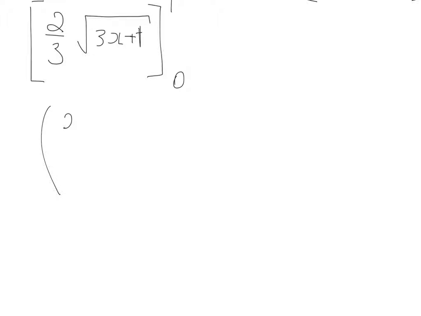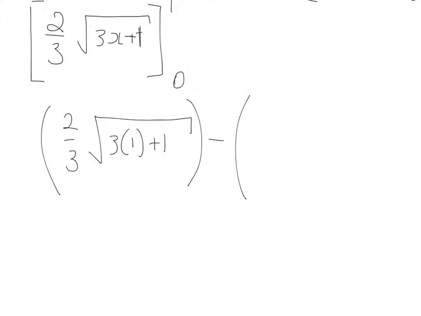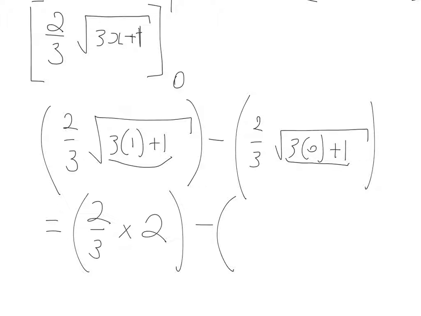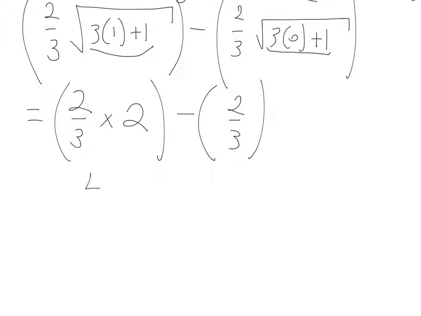So making my substitutions in, it's 2/3 times the square root of (3 times 1 plus 1), close the bracket, minus 2/3 bracket (3 lots of 0 plus 1), close the bracket. 3 times 1 plus 1 is 4, so that's the square root of 4, which is 2, so that's 2/3 times 2, minus 3 times 0 is 0, plus 1 is 1, square root of 1 is 1, times 2/3, and that is 2/3. 2/3 times 2 is 4/3.